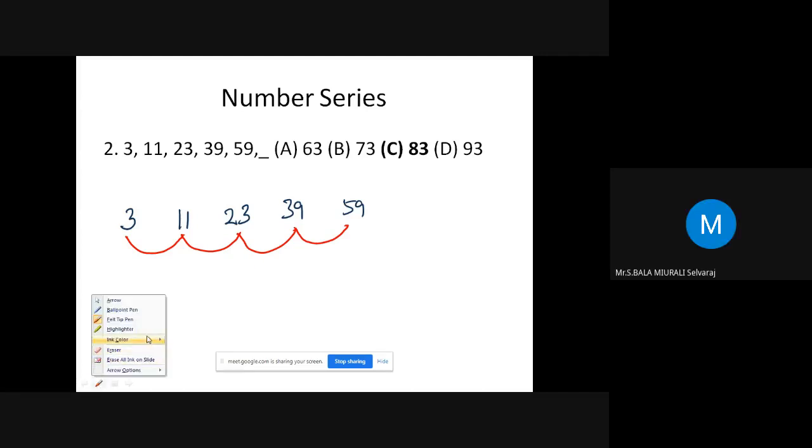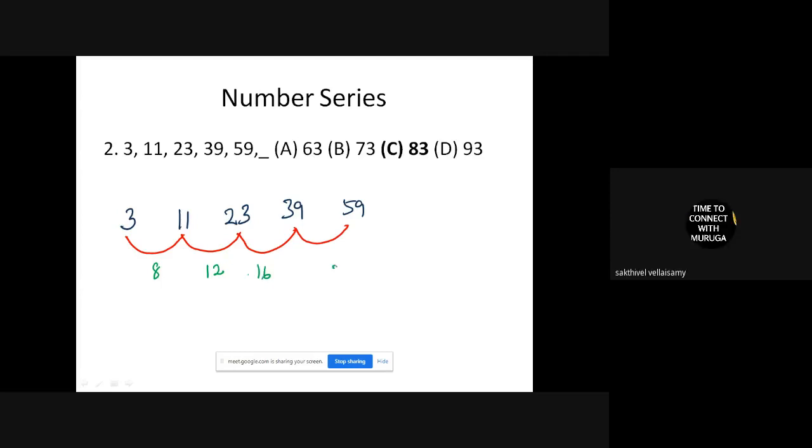Very good. What is the difference? 4, 8, 12, 16, 20, then 24. So 59 plus 24 equals 83. So it is not only in the 4 table model, sometimes any table model may come.